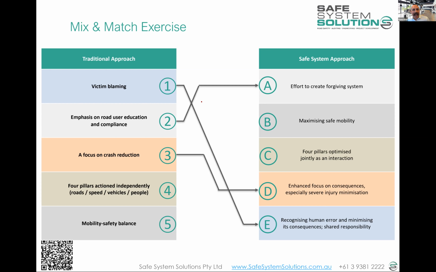Crash reduction to that enhanced focus on consequence, especially severe injury minimization. So 4 pillars action independently, 4 pillars optimized jointly as an interaction. And we're talking there about that interactivity between elements, and we'll come back to that.